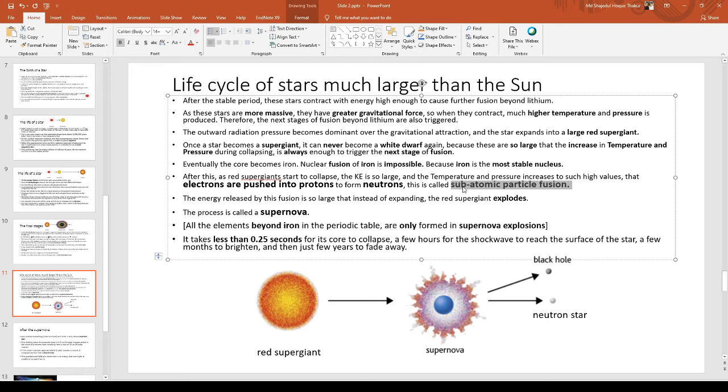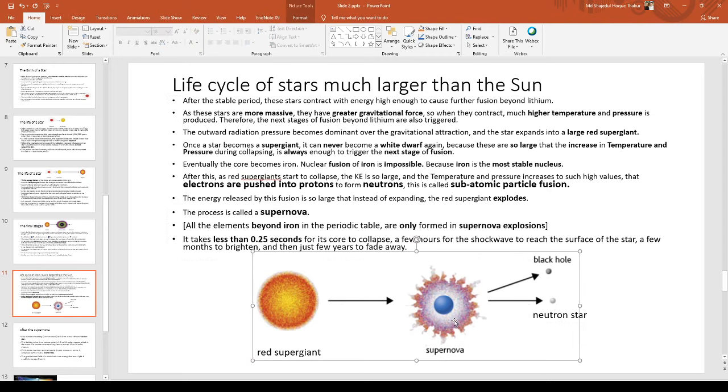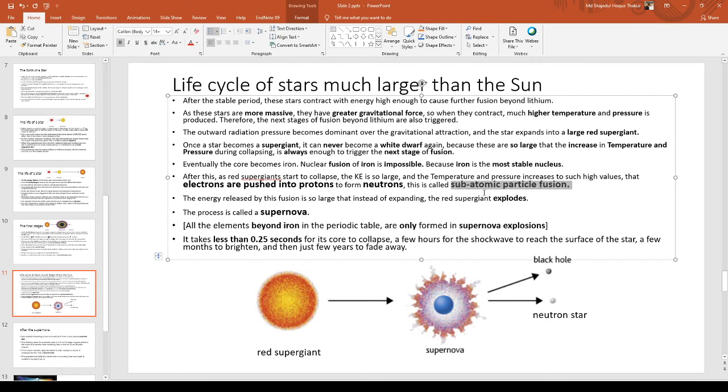Because without subatomic particle fusion, there will not be enough energy released to cause a supernova. So the fact that a neutron star has formed means it has come from a supernova, and that means subatomic particle fusion has occurred, right?